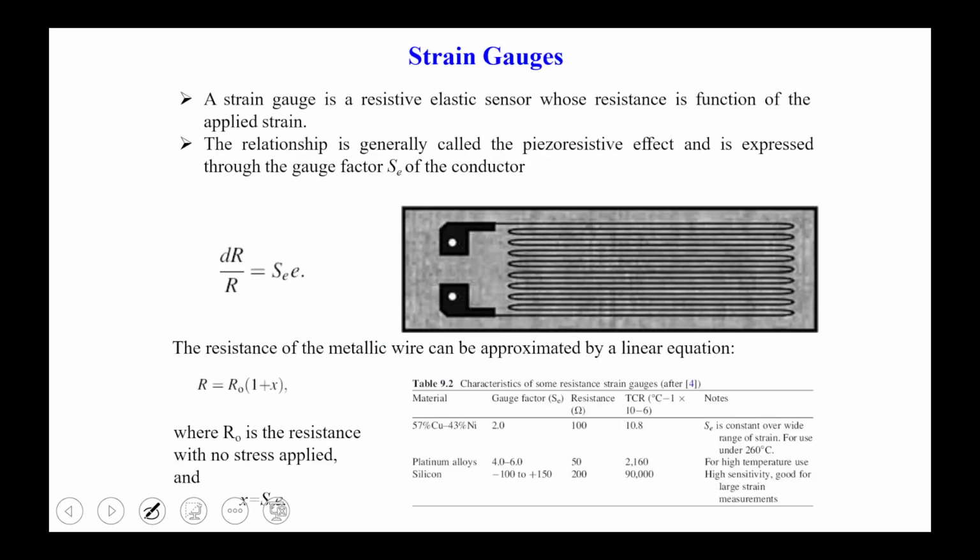So these are the strain gauge sensors. A strain gauge is a resistive elastic sensor whose resistance is a function of the applied stress. Whatever strain or stress we apply on the sensor will be given in the form of a resistance. Previously, in the LVDT, we gave it in the form of voltage for force, but in the case of strain, we give it in the form of resistance. This relationship is generally called the piezoresistive effect and is expressed through the gauge factor SE of the conductor.